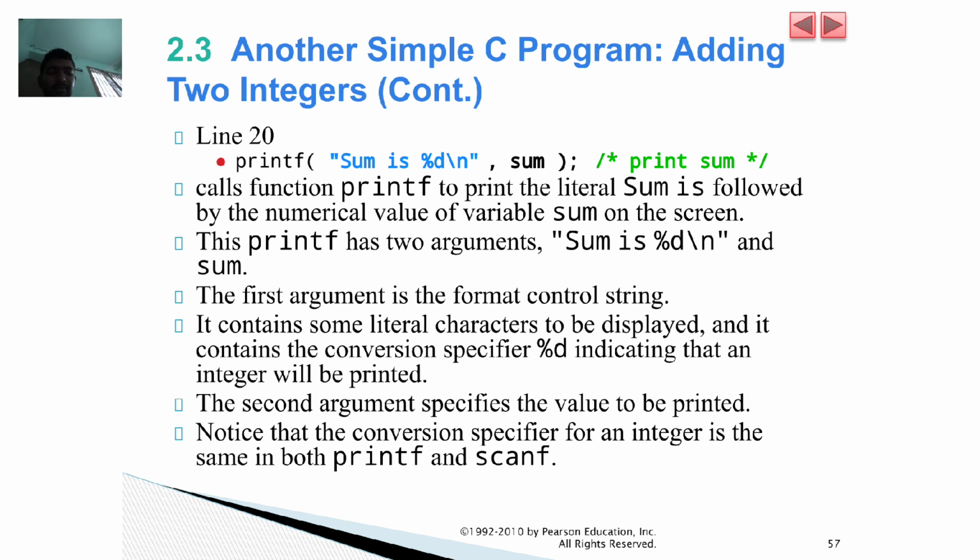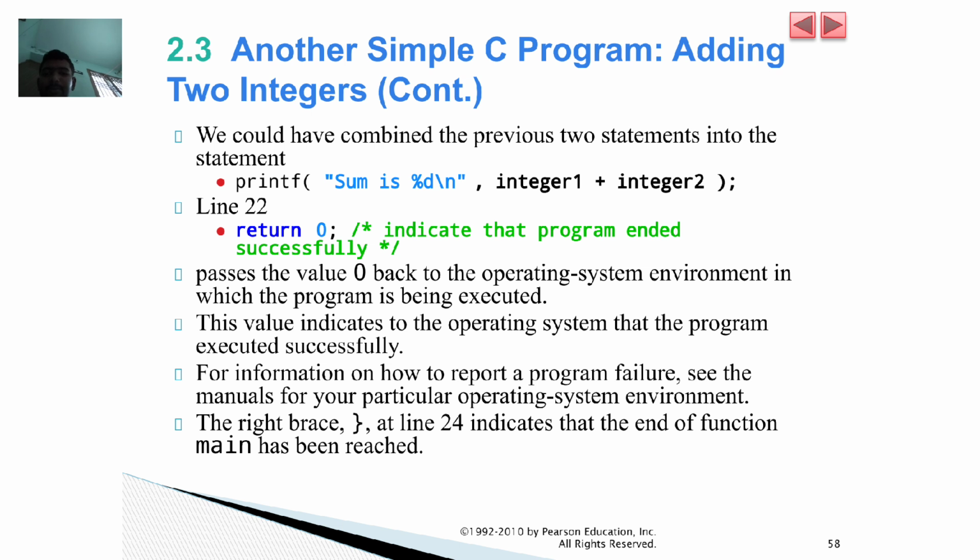Here we are printing the sum of the two numbers, integer 1 and integer 2. As I have previously told, we should use the format specifier. As we are using the format specifier, it is simpler to print that integer value. After printing, is there anything to return?